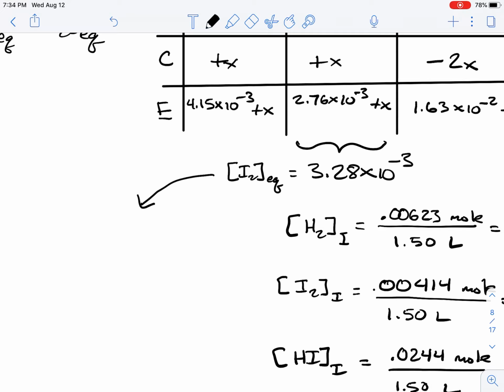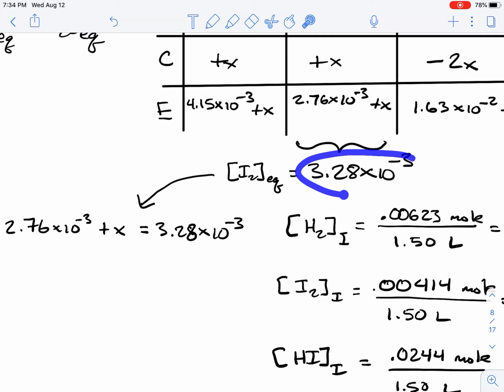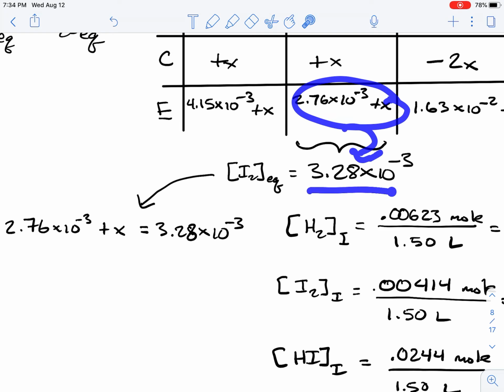And so here we have 2.76 times 10 to the negative 3 plus x equals 3.28 times 10 to the negative 3. Remember that this is the equilibrium concentration for I2, and therefore this expression from the ICE table must equal this value.